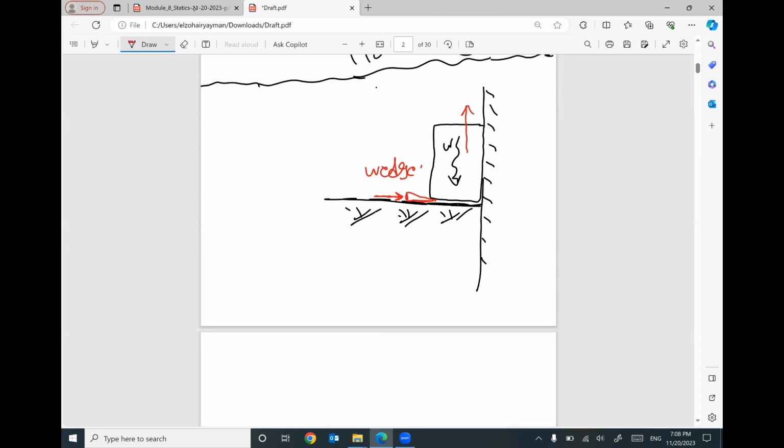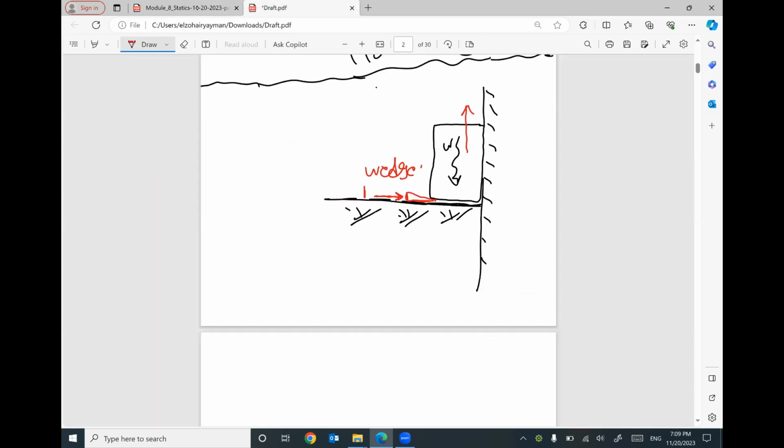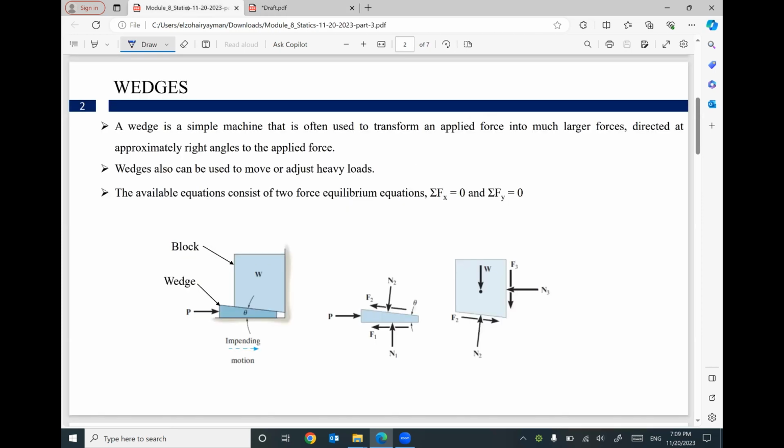So the wedge will create movement perpendicular to the applied force. Does that make sense? Keep in mind, this pushing force P will apply a bigger force on this block. So this is the topic for our meeting today.